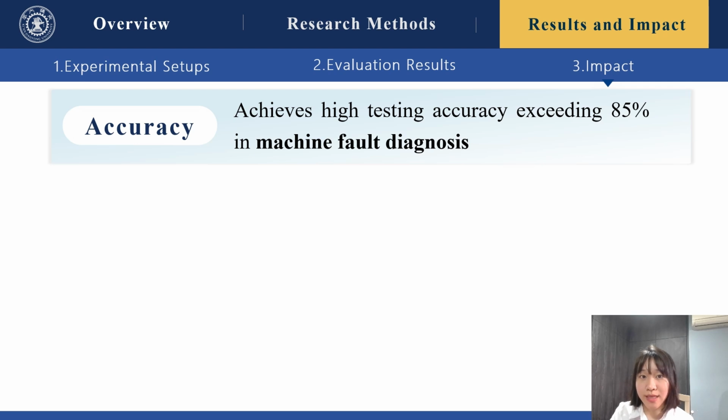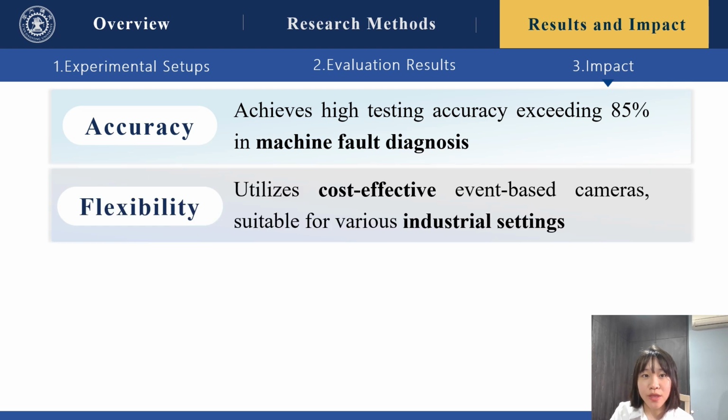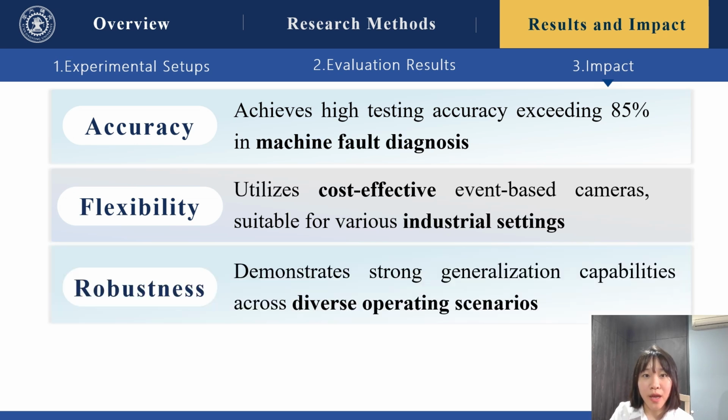To summarize our key contributions, our model was able to accurately detect machine faults, to be specific, the bearing condition in a rotating machine. And we used the event-based camera, a non-contact sensor. It is flexible and data efficient. We perform a multi-angle setup and cover diverse operating scenarios.